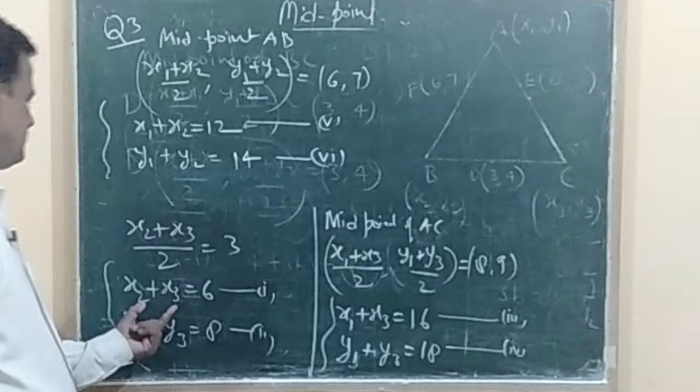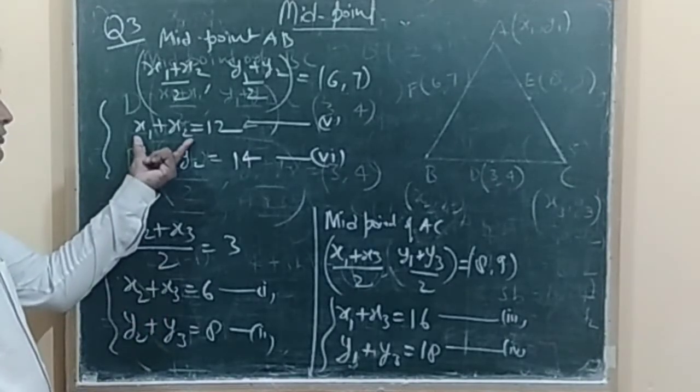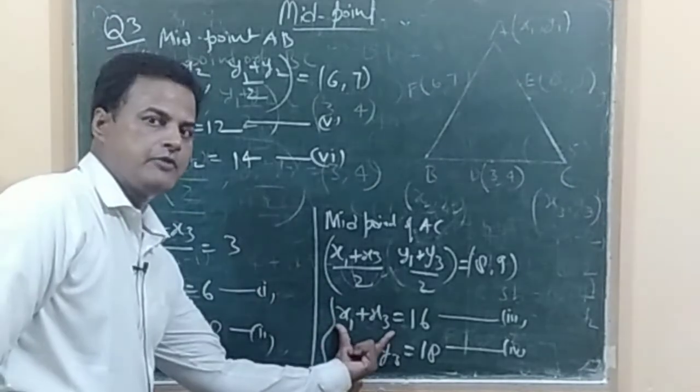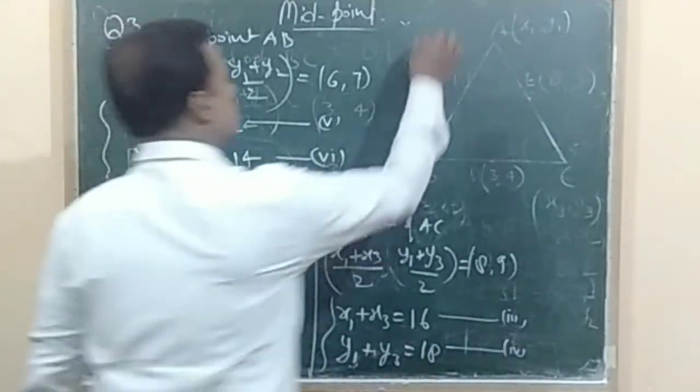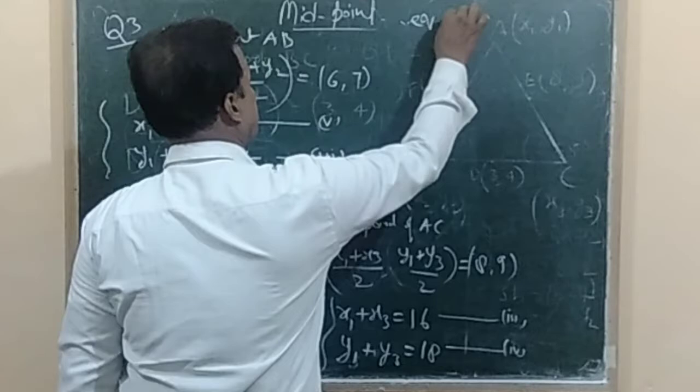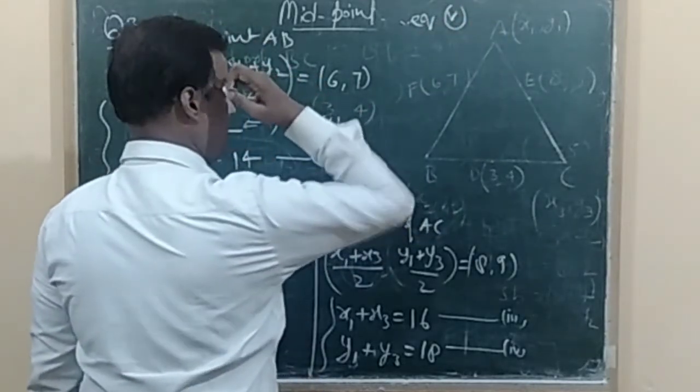Look at this. Here we have x1 plus x2, and here we have x1 plus x3. From these two equations we eliminate x1, equation 5 and equation 3.